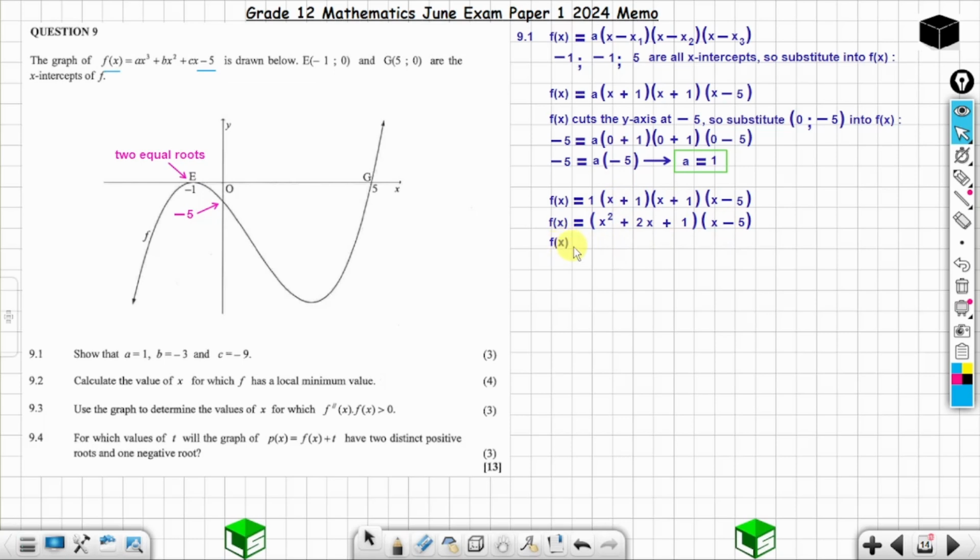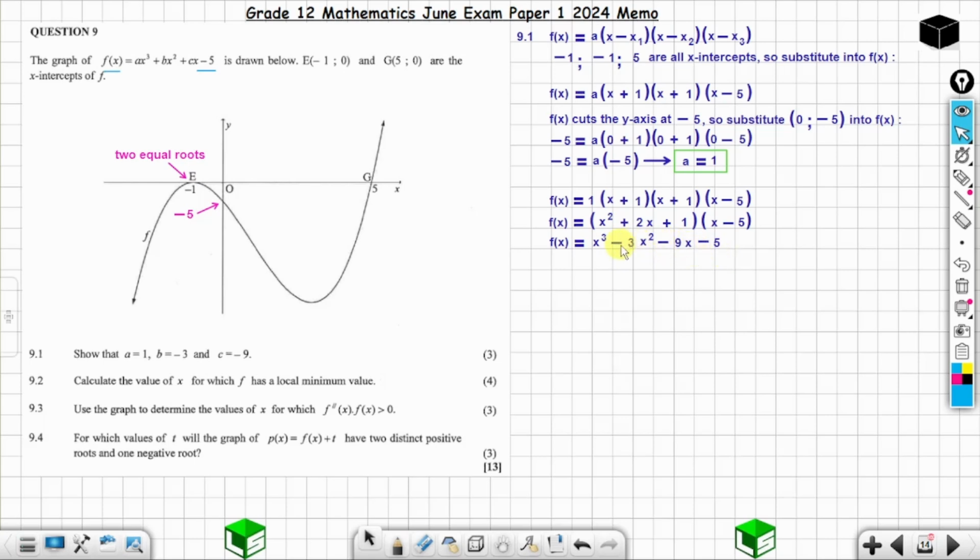F of x is equal to, you are going to multiply your brackets and you add your like terms. This is what you are going to have.